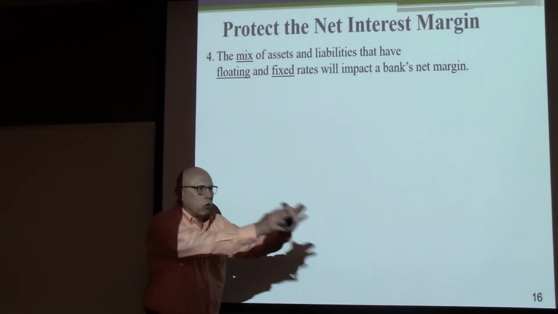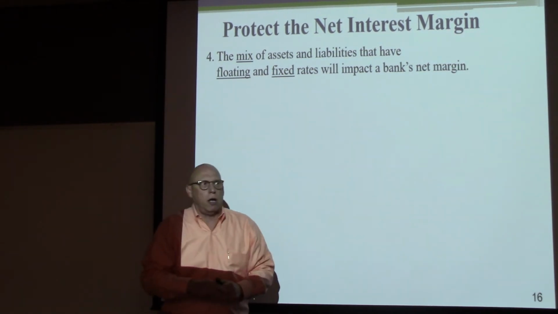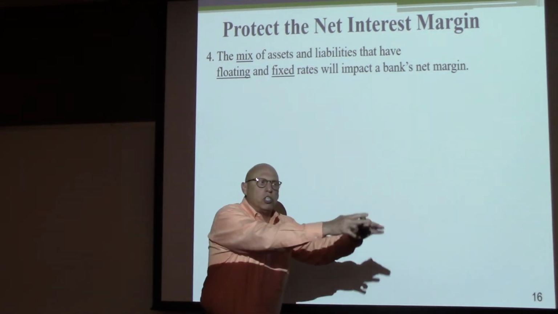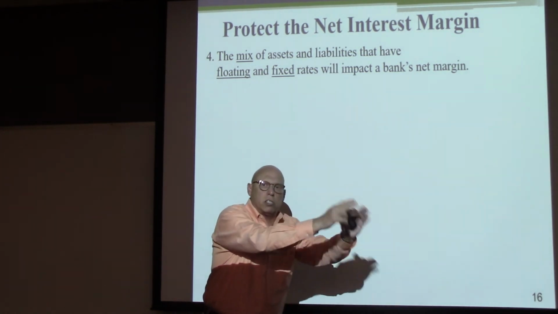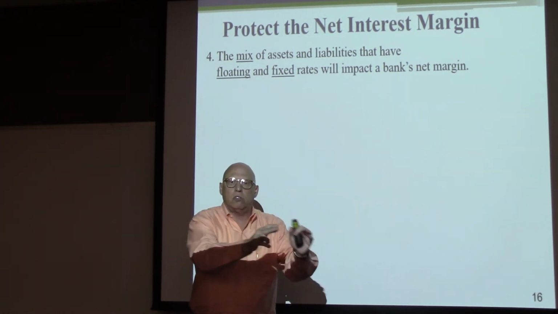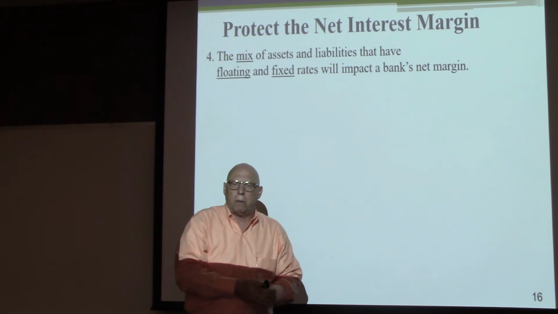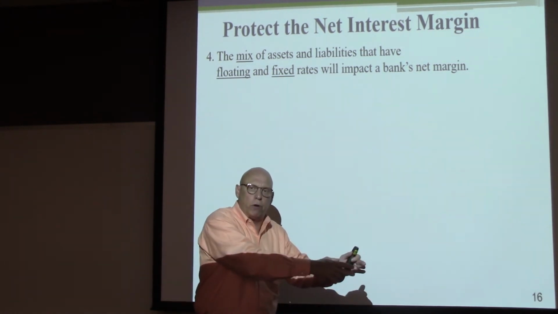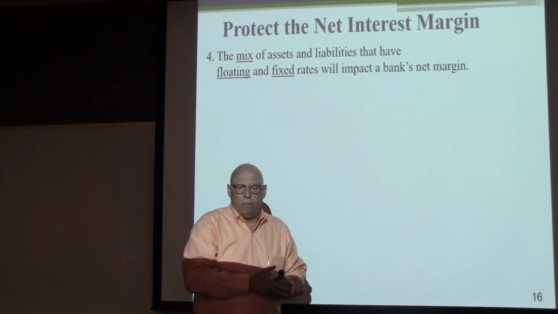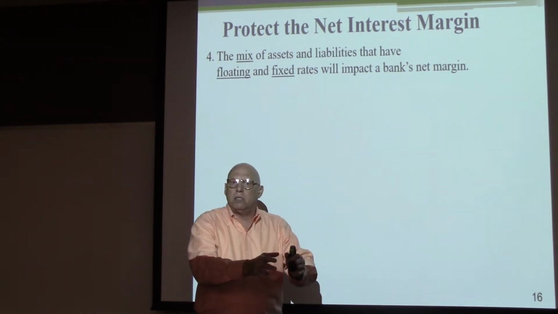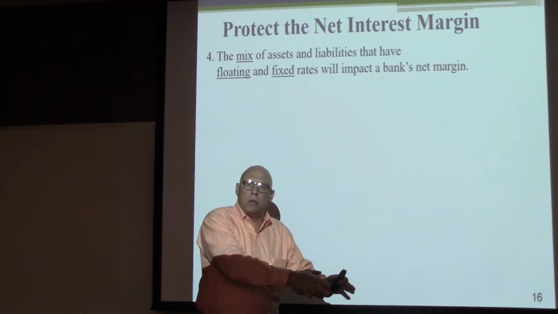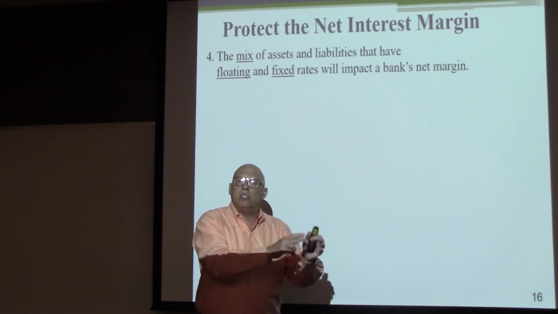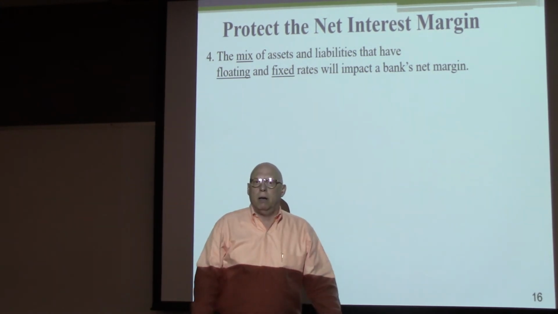So you have the total dollars in assets, the total dollars in liabilities, the total dollars invested in short-term assets and long-term assets versus the total dollars invested in short-term deposits. Most deposits are short-term. But then you have some assets that are floating rate and some that are fixed rate. And you have some liabilities that are locked in longer term, like a CD, and some liabilities that float with the market, like a checking account.